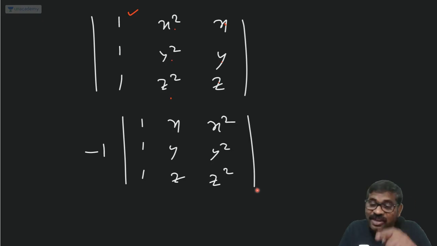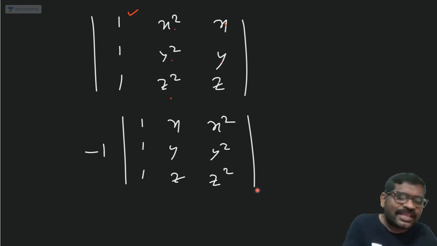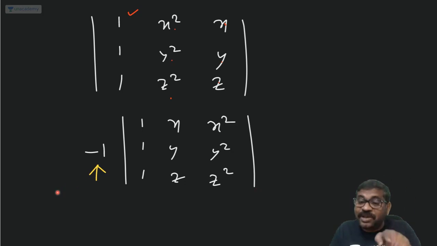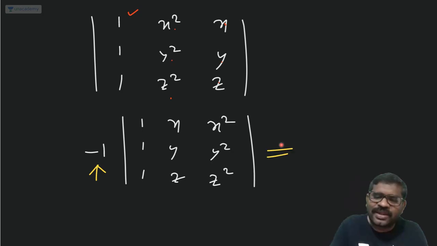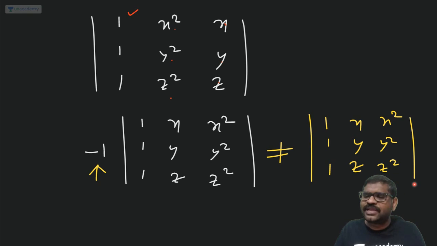This is not equal to the original determinant, because in the original determinant we have a plus sign, here we have a minus sign. Because of that minus sign, this is not equal to the determinant 1 1 1, x y z, x square y square z square. That's why the first option is correct.